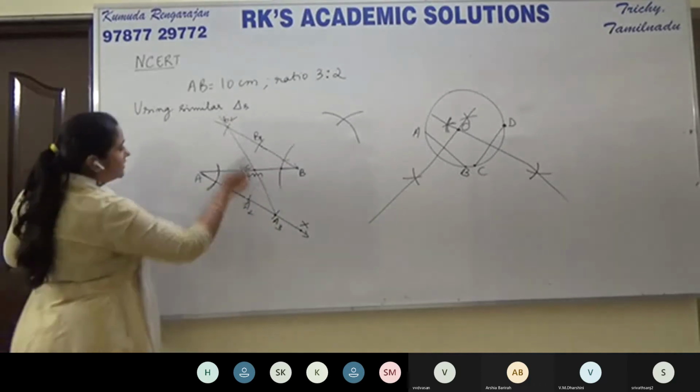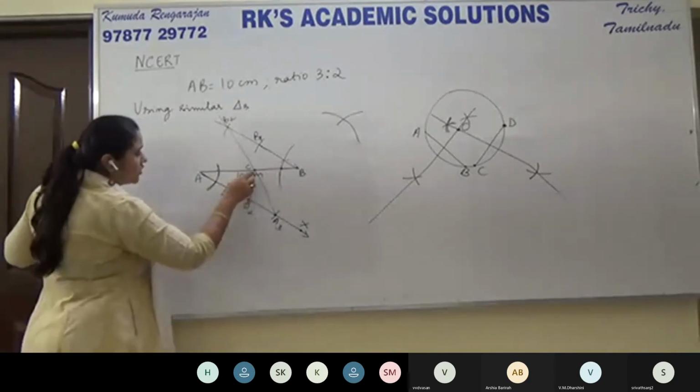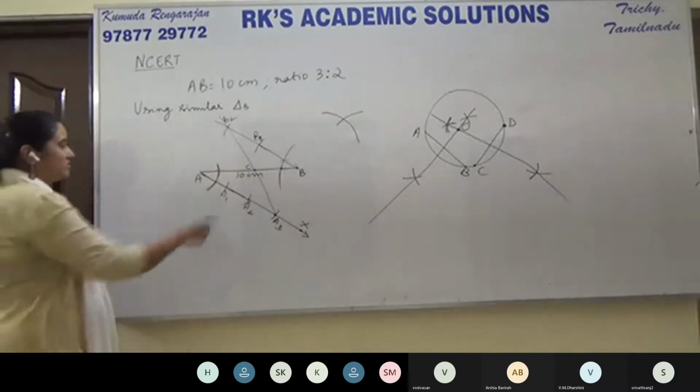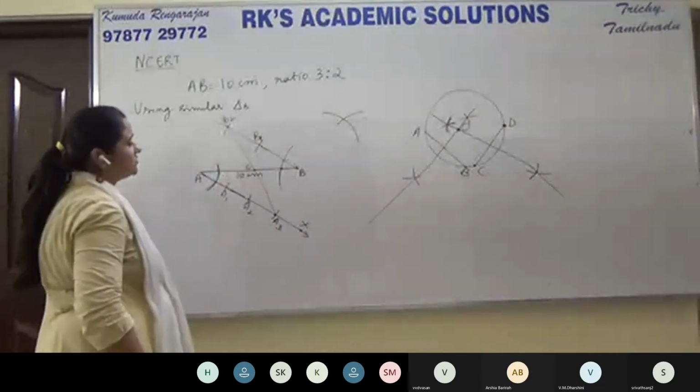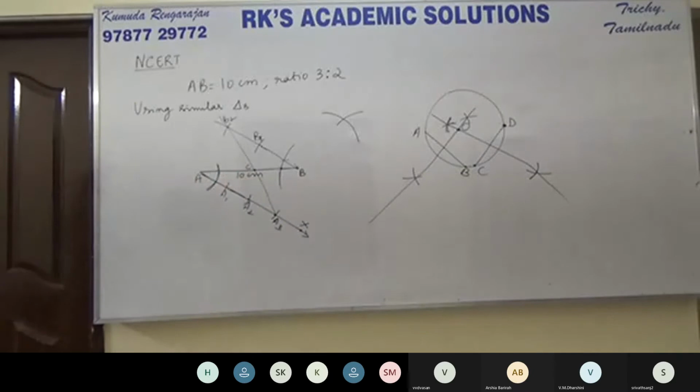When you join A3, B2, it intersects AB at a point, call it C. Now C divides AB in the ratio 3:2.